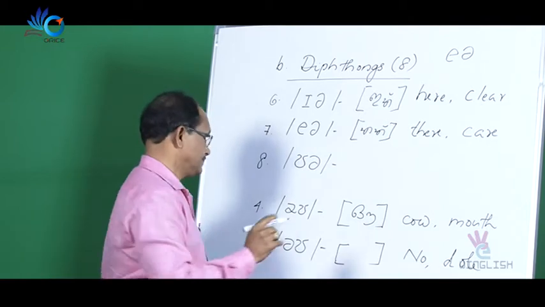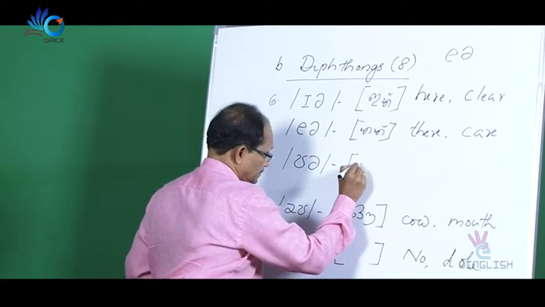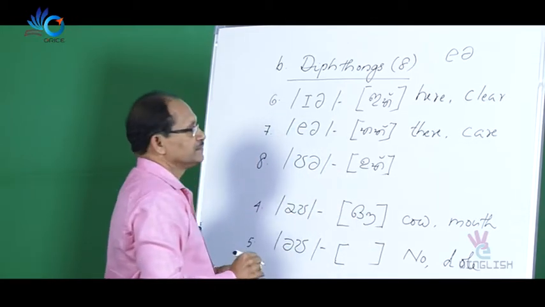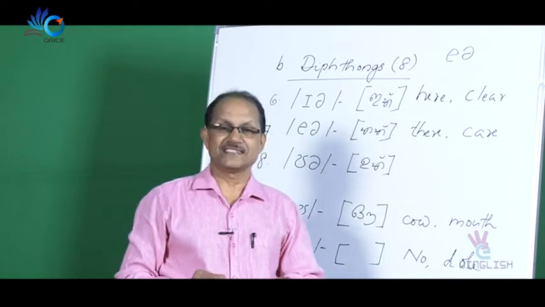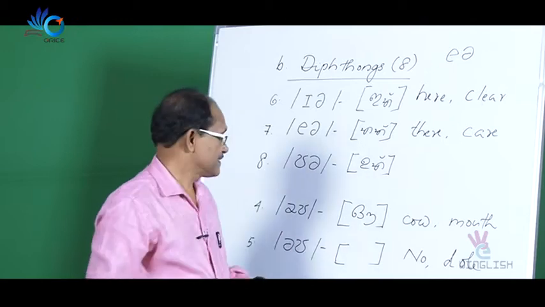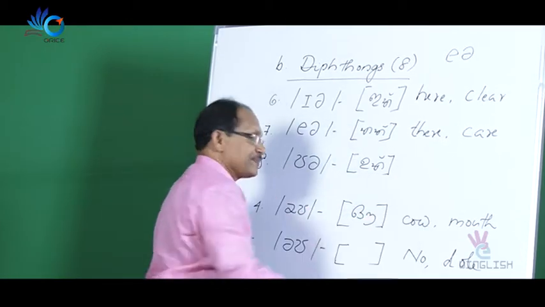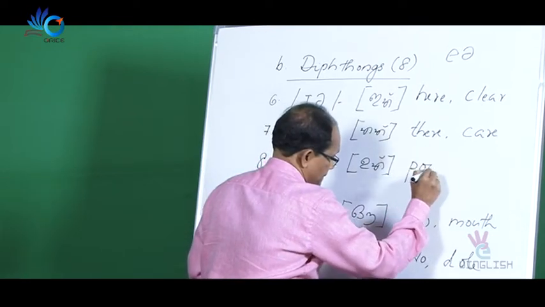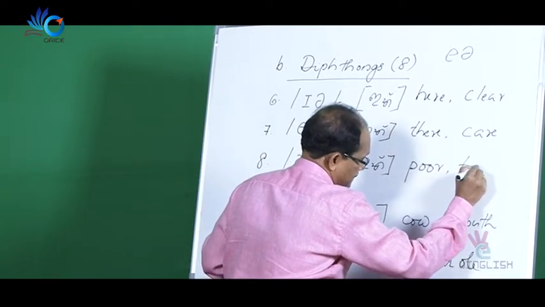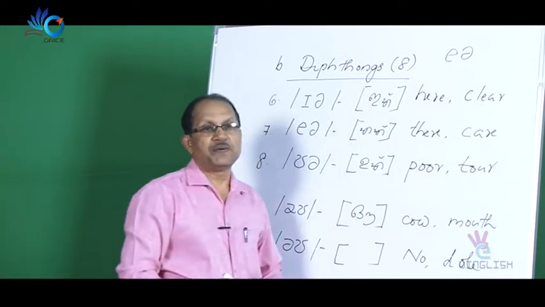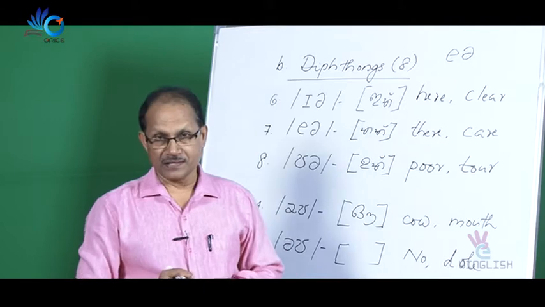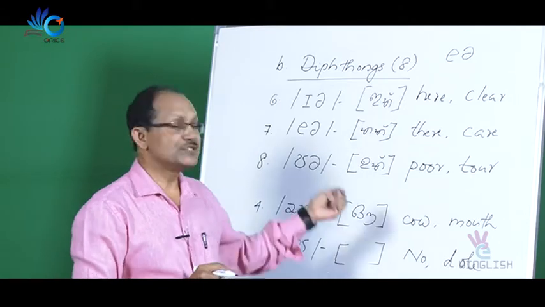O-A. One or two words? P-O-O-R, T-O-U-R. How do we pronounce these words?